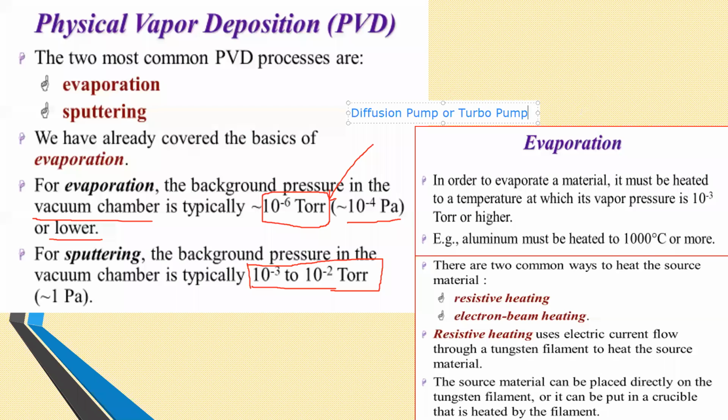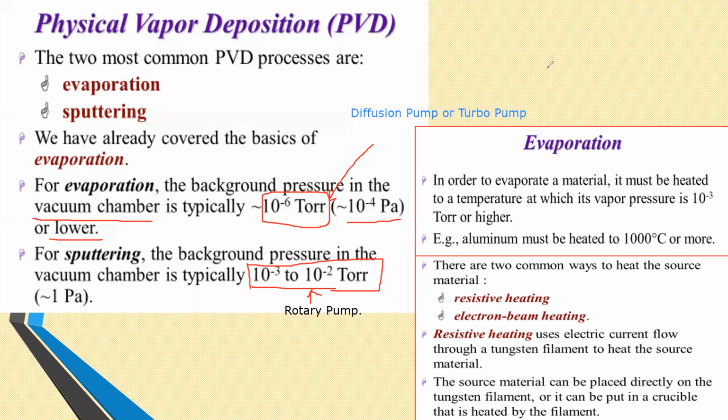And for sputtering purposes we need only a rotary pump, and the rotary pump is enough to create a vacuum around 10 raised to minus 3 torr. Getting my point? You have to remember this part, which we already discussed in module number one.